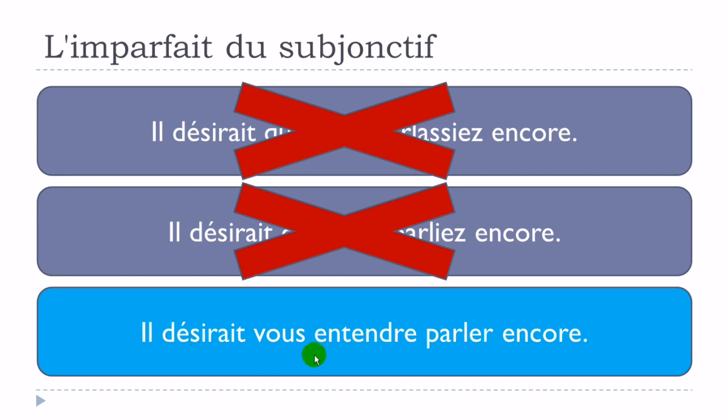And this is the reason why we tend to use a structure. And if you look, this structure is quite interesting because actually we won't use this subjunctive form. Okay, so there are some ways to avoid using le subjonctif, and one of the reasons, in this situation, is that l'imparfait du subjonctif is not used anymore, and so we try to find some ways to avoid using this imparfait du subjonctif. So, il désirait vous entendre parler encore.